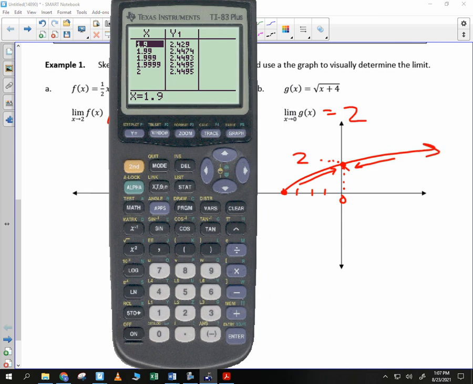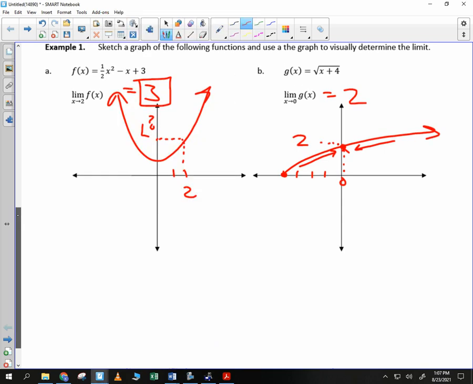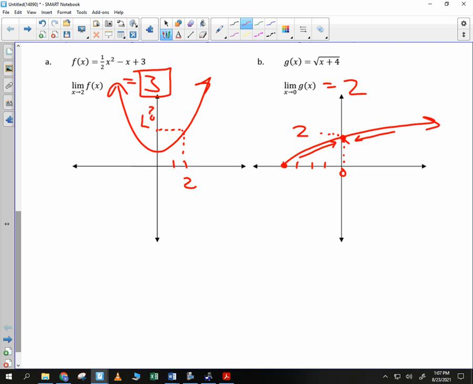What's a number close to 0? 0.1, 0.01, 0.001, 0.0001, and so on. You can see that the values are heading towards 2, aren't they? Okay, excellent. And if you were to plug in 0, you get square root of 0 plus 4, which is the square root of 4, which is 2. So there are times where you can just plug it in.